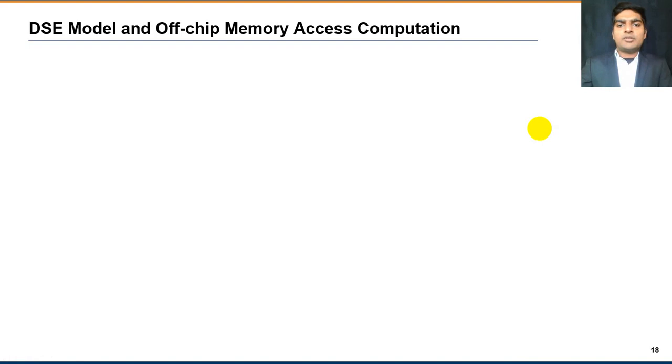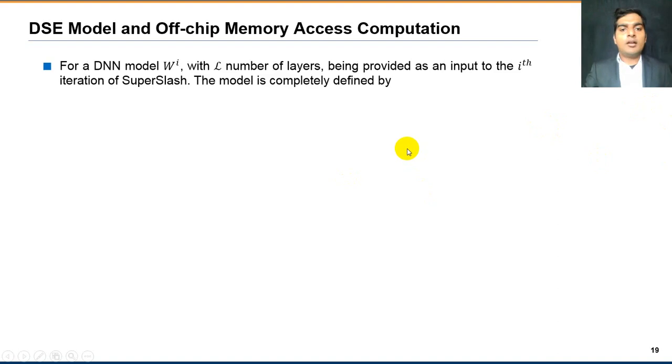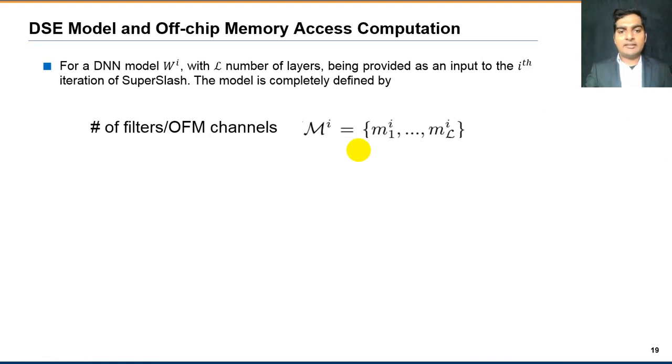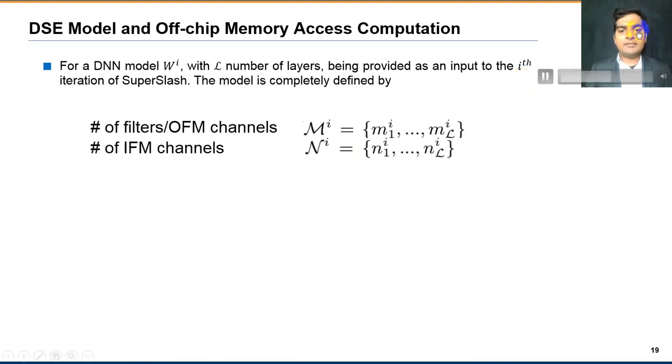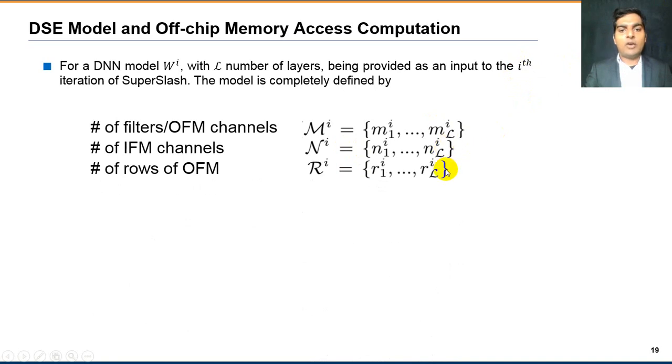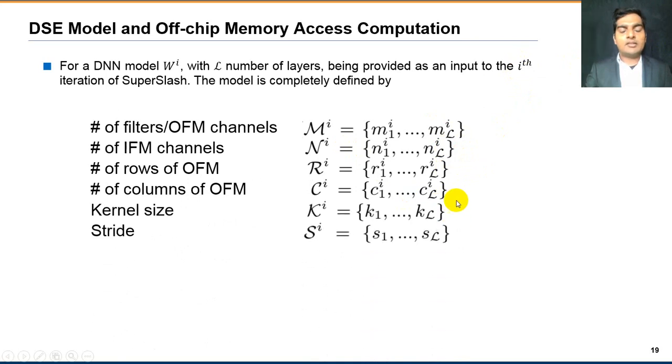In the first step of our methodology, SuperSlash performs design space exploration and off-chip memory access computation. For a DNN model W_i with L layers, provided as input to the ith iteration of SuperSlash, the model is completely defined by the number of filters or output feature map channels, the number of input feature map channels, the number of rows of the output feature map, the number of columns of the output feature map, kernel size, stride, and pooled-in filter size.